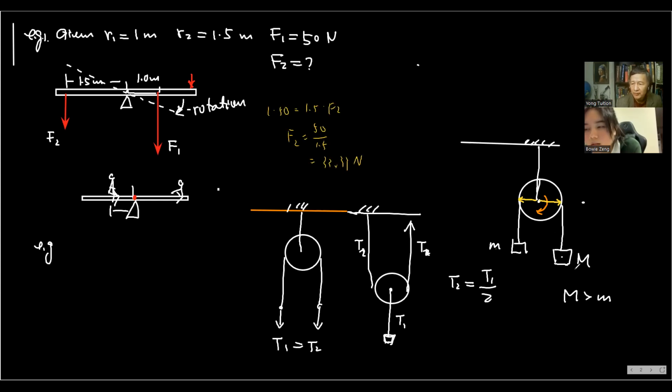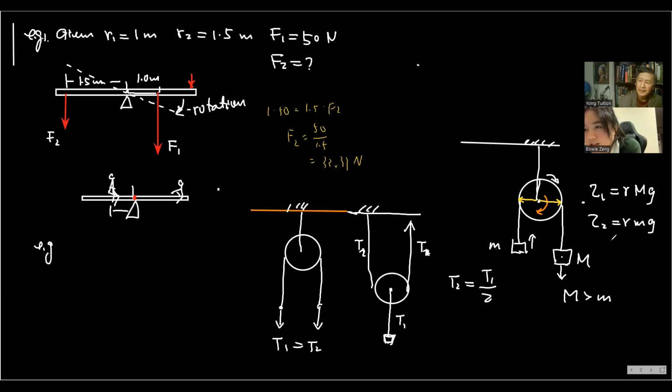Torque 1 is equal to R multiplied by capital M g. Torque 2 is equal to R multiplied by small m g. So that's why the wheel will rotate that way. In other words, this object will fall and this object will go up.